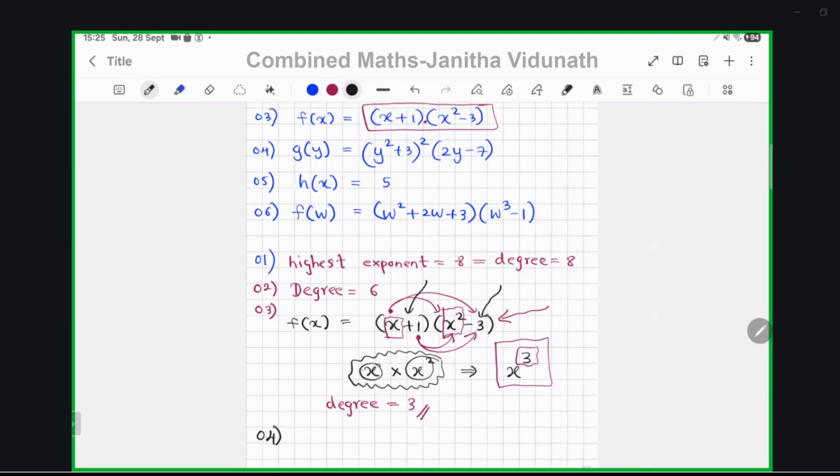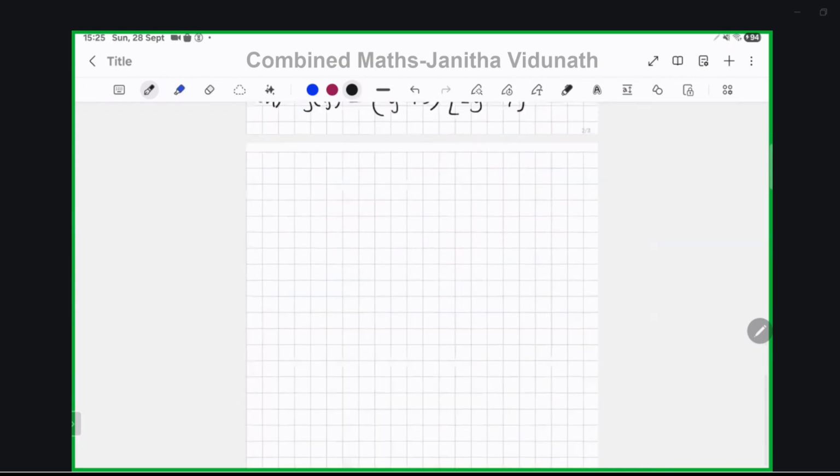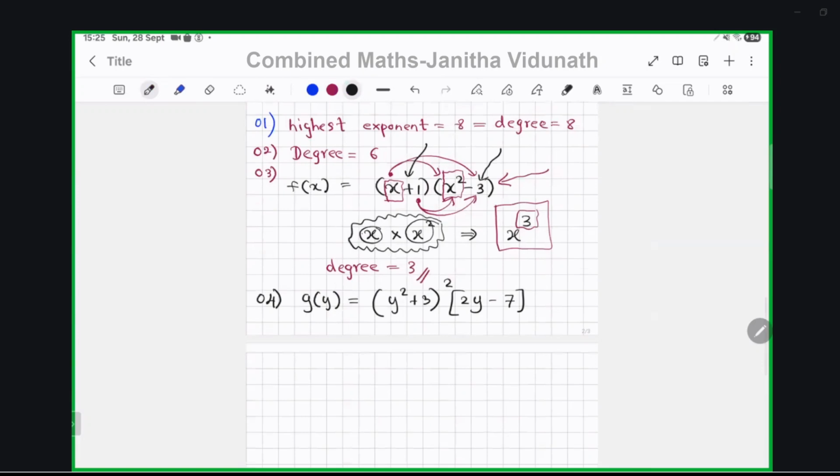Okay, here the fourth question is g(y) is equal to (y square plus 3) whole square times (2y minus 7). Then we can think of this as one bracket.